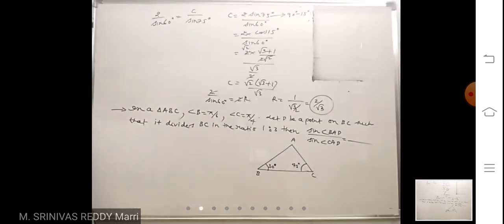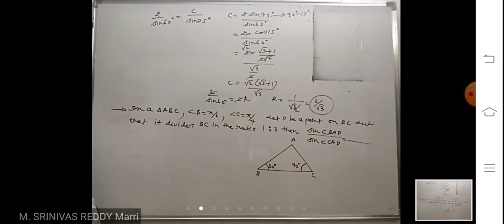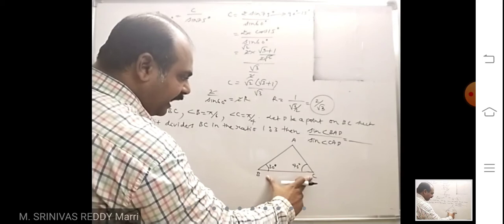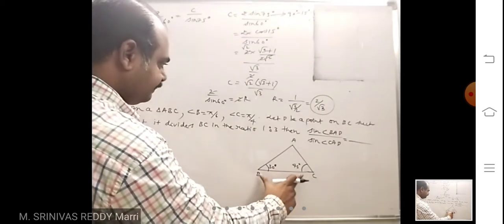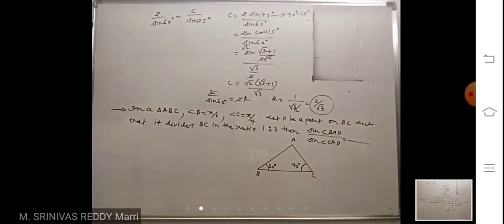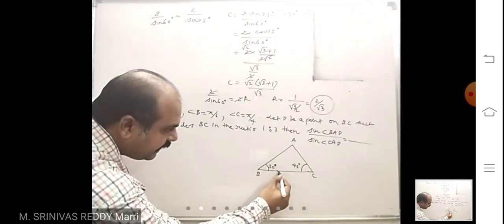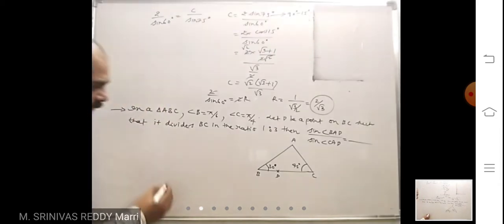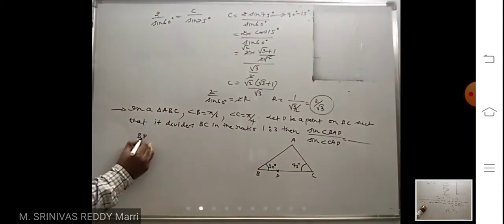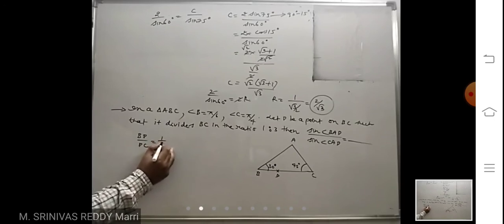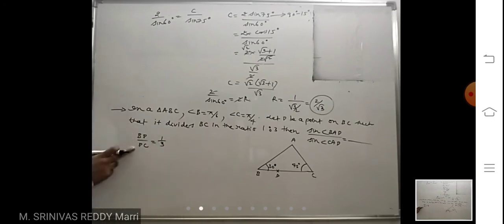Now what he has told is D is a point on BC such that it divides BC in the ratio. That means if you mark the point here, he has given BD divided by DC, this ratio is given 1:3, right?